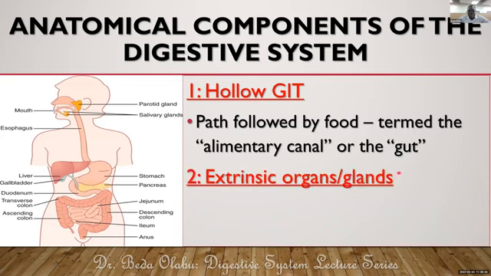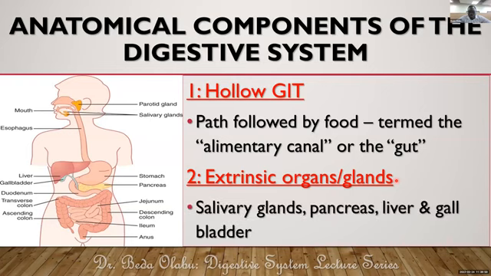And then we have those organs or glands which are not within the wall of the digestive system. So they are extrinsic. However, these organs produce their secretions into the lumen of the digestive system. So we call them extrinsic glands or extrinsic organs of the digestive system. They include the major salivary glands, the pancreas, the liver, and the gallbladder.